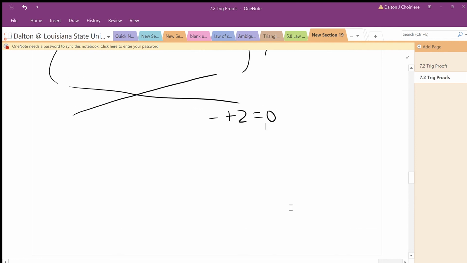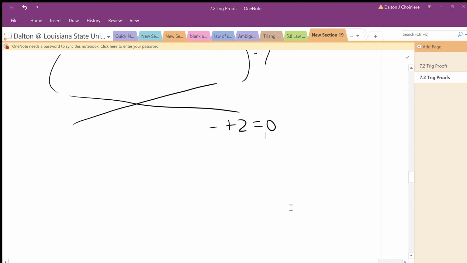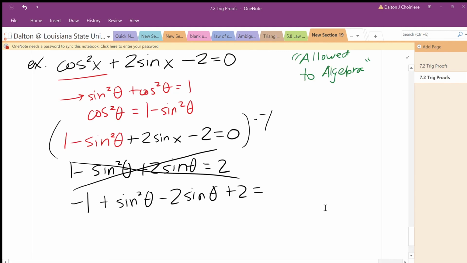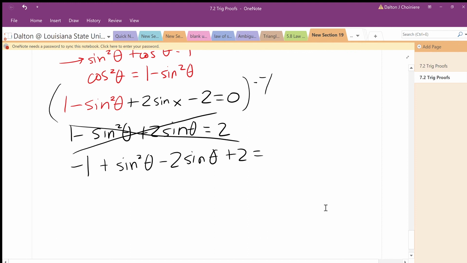Okay, so combine like terms, right? So if I combine my like terms, where did all my ink go? Okay, if we combine like terms, then we get sine squared theta minus 2 sine theta. -1 plus 2 is just +1 equals 0.